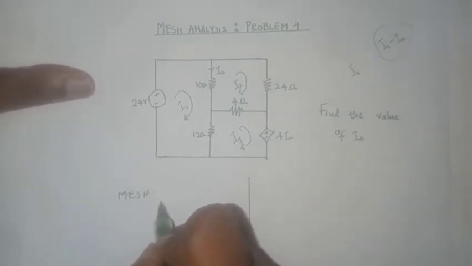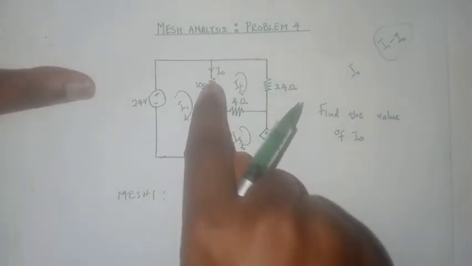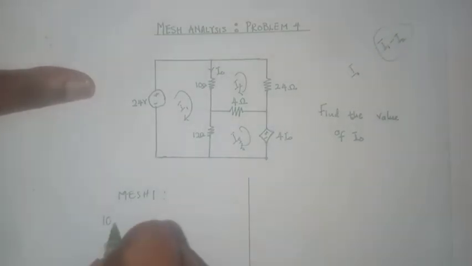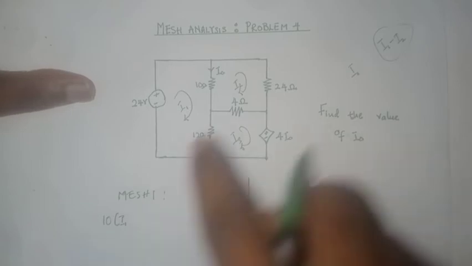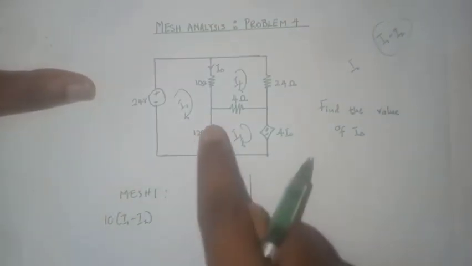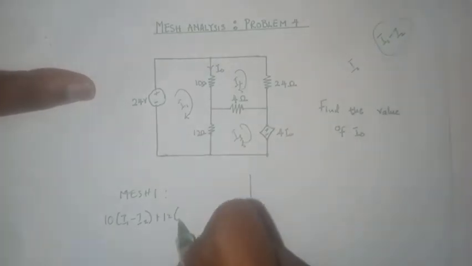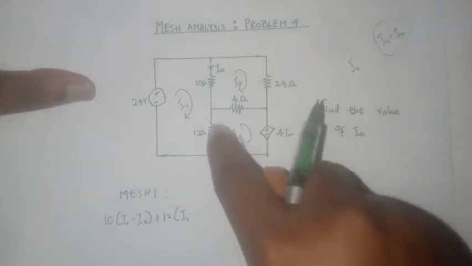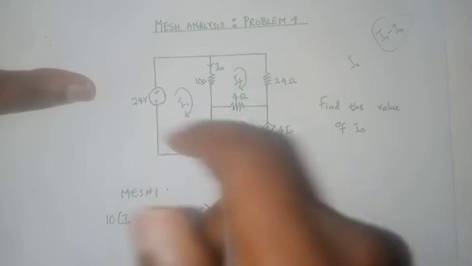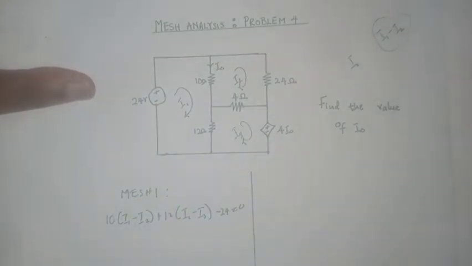So in mesh 1, we're starting from here, and we have 10 into I1, then I2 is opposing it, minus I2, then plus 12 into I1 with I3 opposing it, minus I3, then minus 24, all equal to 0.